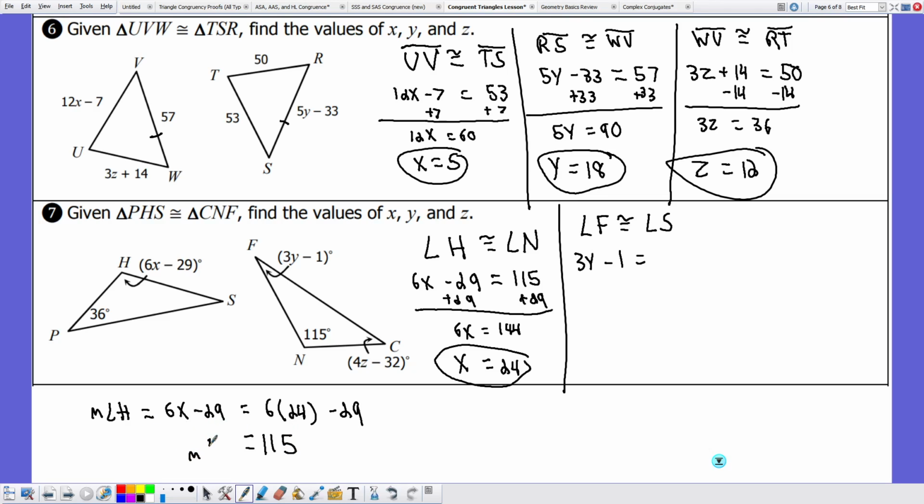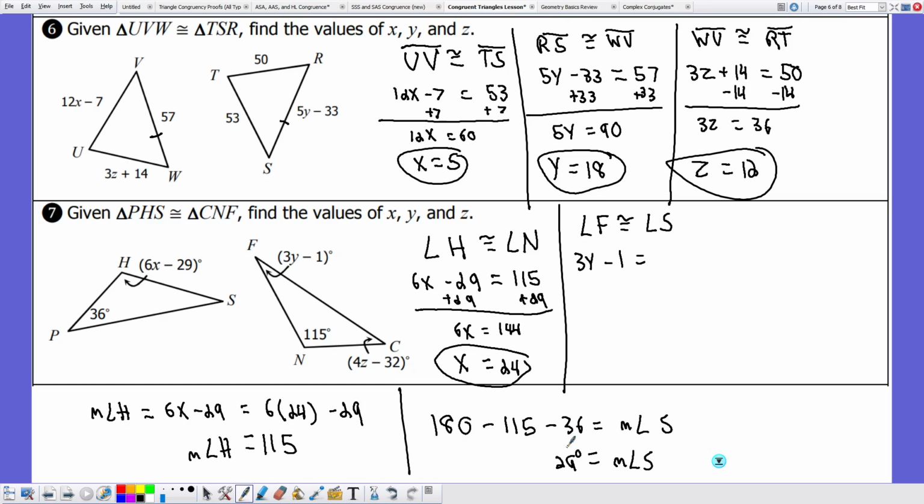So that's the measure of angle H. To find the angle at S, we have to do 180 minus 115 minus the other angle, 36. After completing all the subtraction, we get that the measure of angle S is 29 degrees.